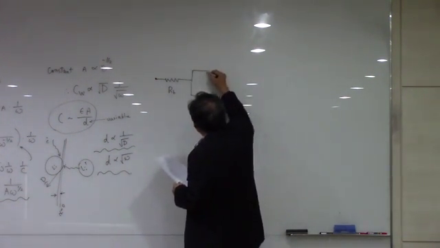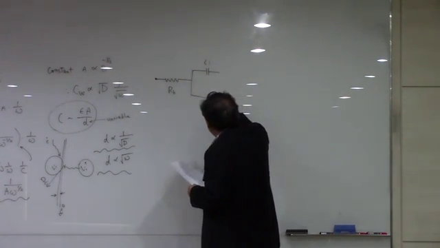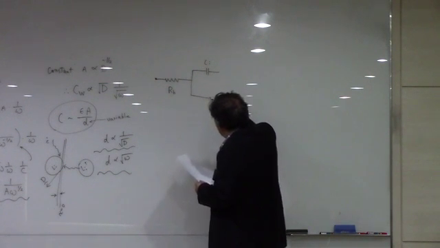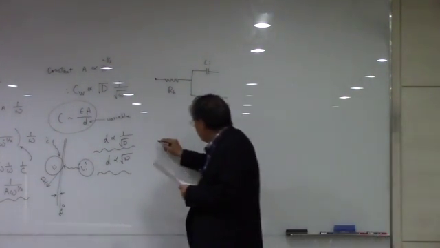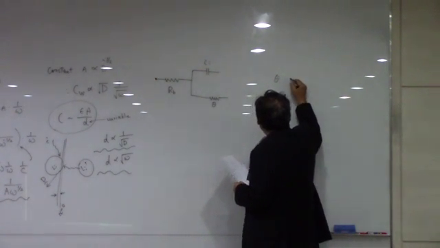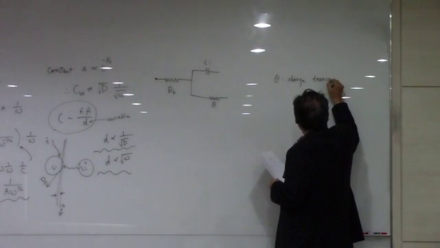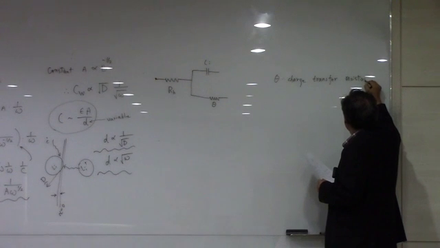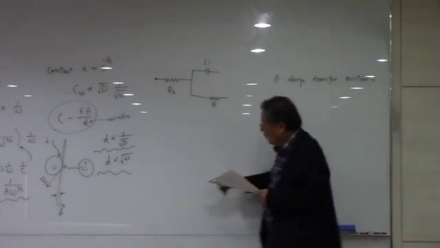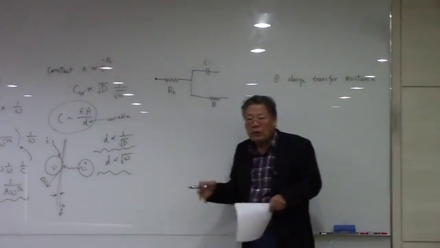And then we put the capacitance, a capacitance, and the Warburg impedance. And before that, we are going to have some resistance theta, called the charge transfer resistance. And if you look into this reaction, the charge is going to be transferred.